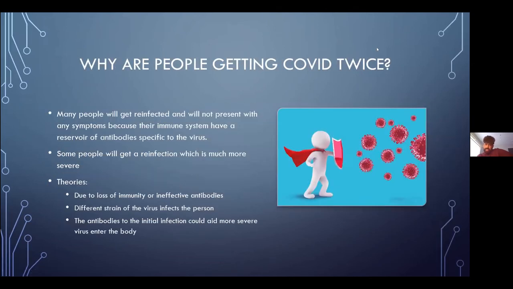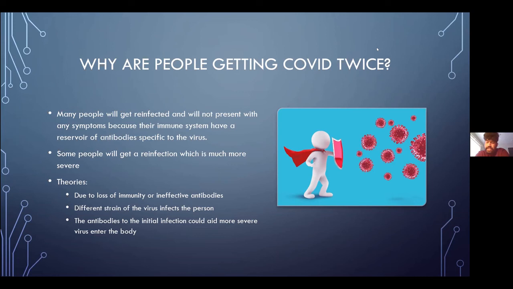This brings on to why people are likely to get COVID more than once. As we know, the first time you get it, you're likely to build antibodies to this, and we don't know yet how long these antibodies last in our system. So the reason could be, one, these antibodies could decrease over time, and the second time you get infected, you don't have the antibodies to fight it off.